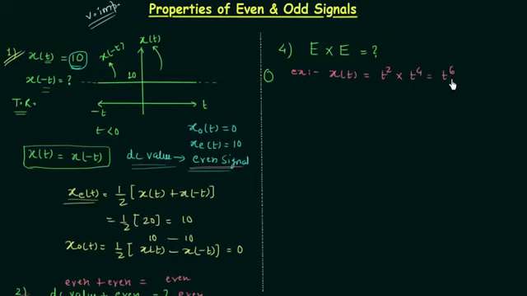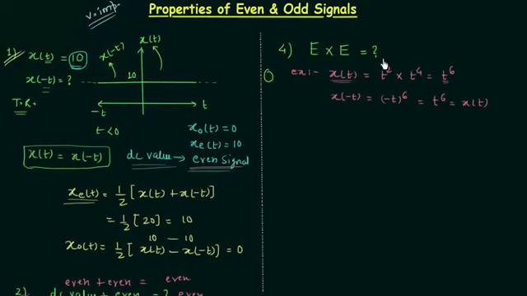T raised to power 6 is an even signal, because when we perform the time reversal, we will have (-t) raised to power 6, which is equal to t raised to power 6. T raised to power 6 is equal to x(t), so x(-t) is equal to x(t). Whenever we have an even power, the signal is going to be even.